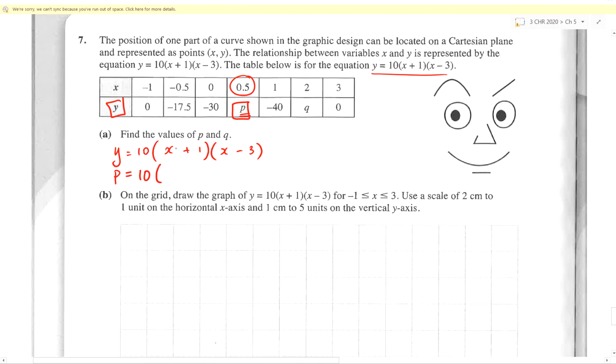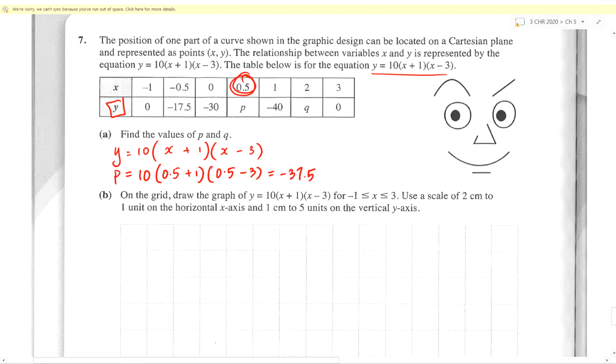Instead of writing x, we are going to write down the corresponding value of x over here, which is 0.5, plus 1, multiplied by, again I see x, I'm going to substitute it with 0.5, and minus 3. So here we have the value of p. After you key into your calculator, it is negative 37.5.